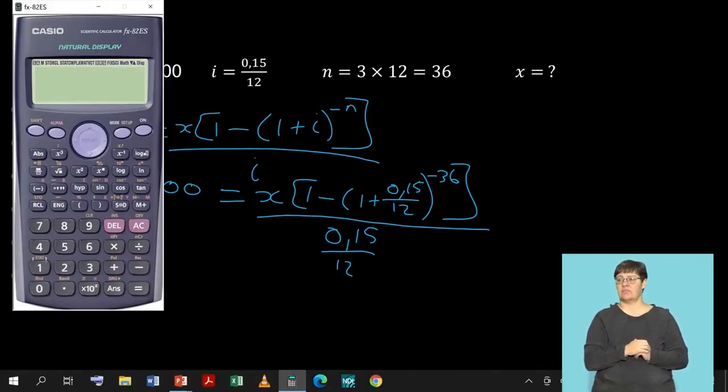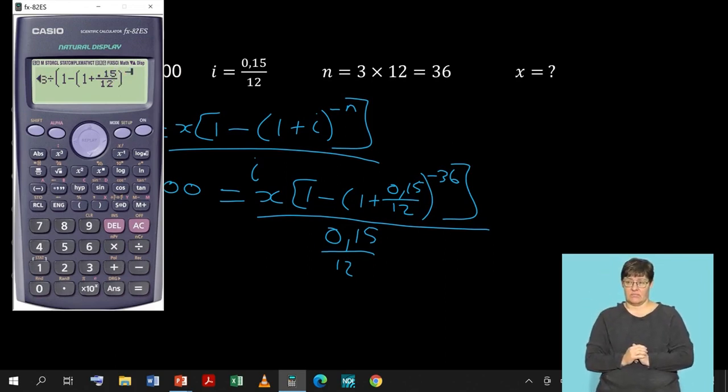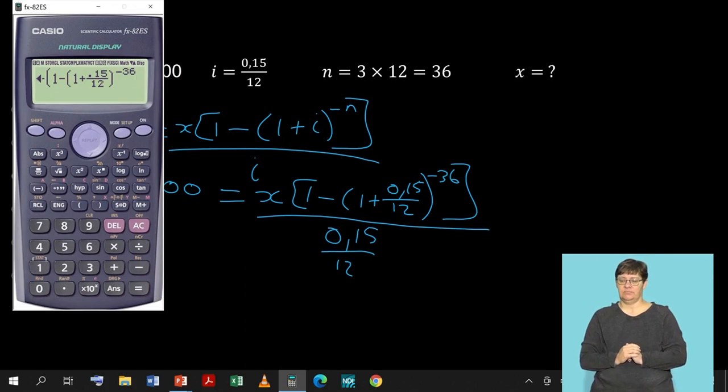With our calculator, we know this is 75,000. Multiply this amount with the interest, 0,15 over 12. I don't really need to know what this is because I'm just doing it all at once, right? Then you divide this by the whole bracket that I have: 1 minus, open the bracket, 1 plus the 0,15 over 12, to the exponent of negative 36, and then I close the bracket.